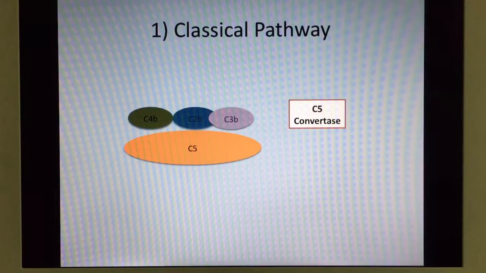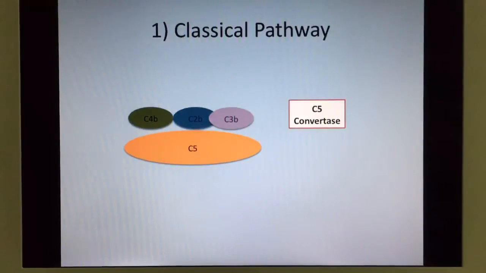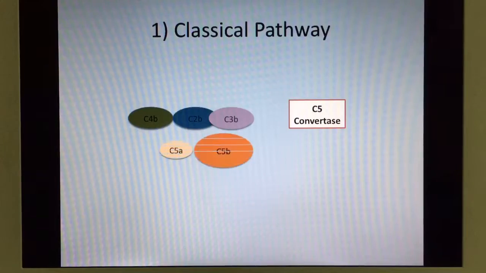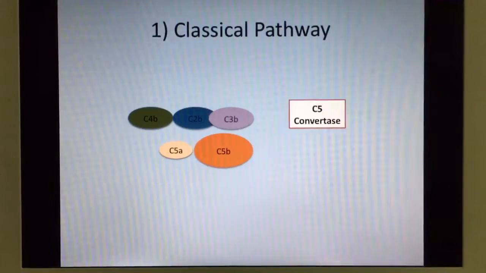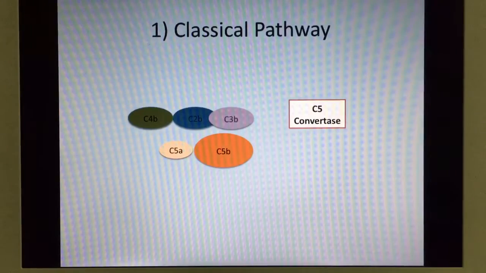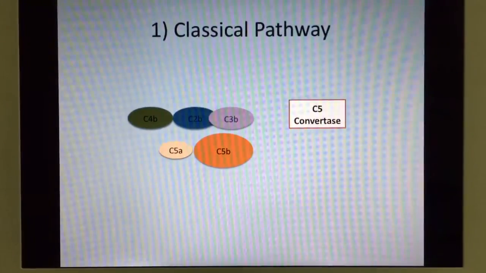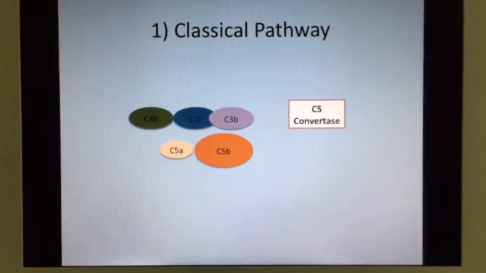The C5 convertase is able to bind C5 and cleave C5 into C5a and C5b. C5a is a peptide mediator for inflammation, and C5b is able to initiate the late events of complement activation.